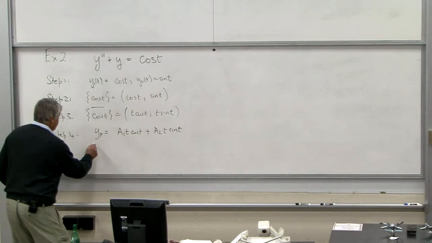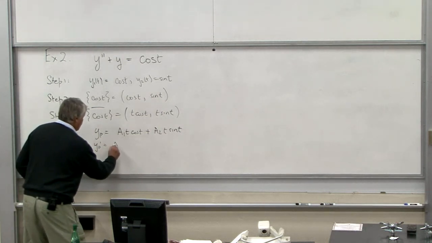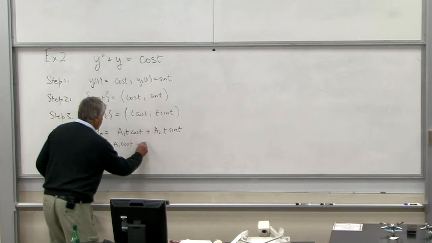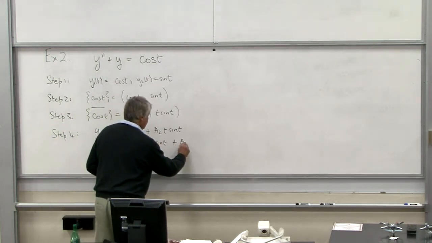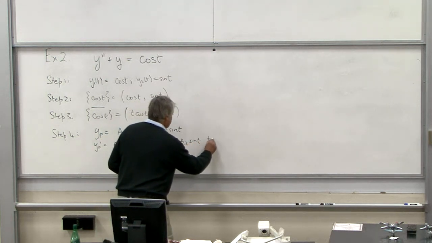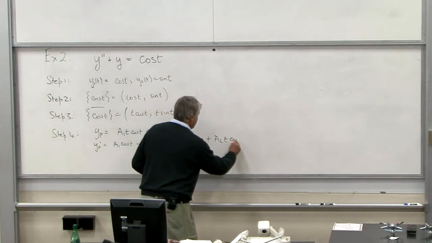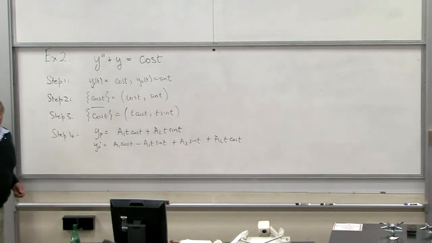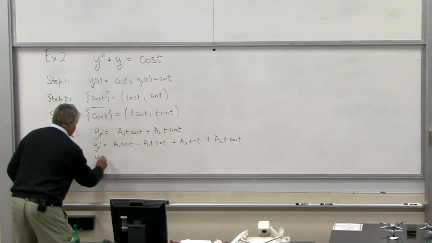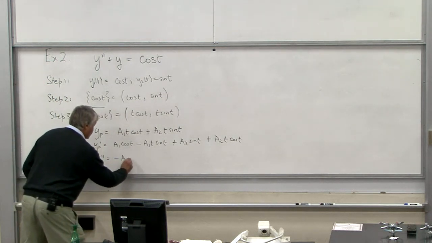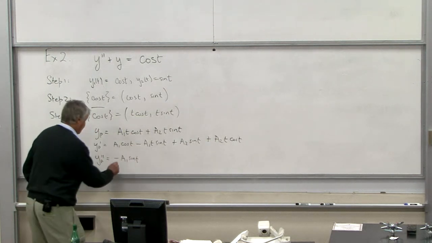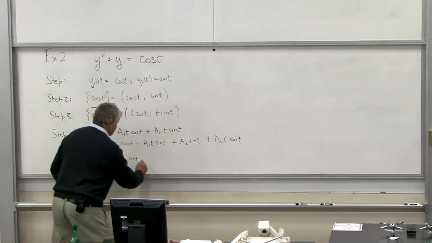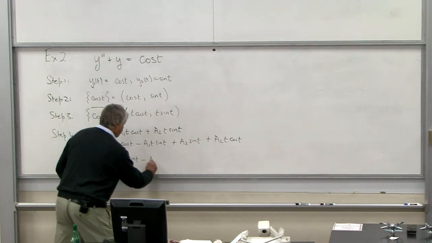So yp prime is a1 cosine t minus a1 t sine t plus a2 sine t plus a2 t cos t. yp double prime is minus a1 sine t, and I'll get another one when I differentiate that, and then I get minus a1 cos t.